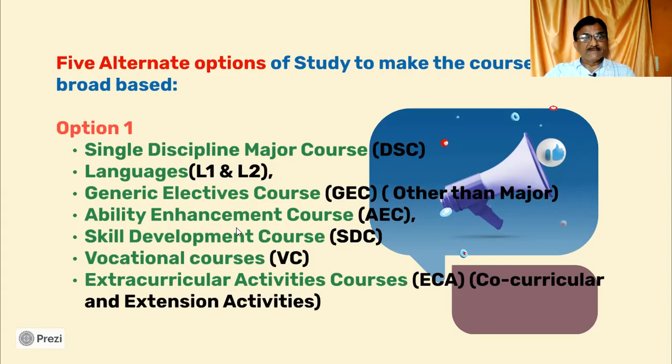And the fourth one is the ability enhancement course, AEC, which provides the basics needed to pursue any type of career. So it will always enhance the ability with respect to what the career demands. It makes the generic skill courses. For example, here usually we take Kannada, English, Hindi, Marathi, communication English.